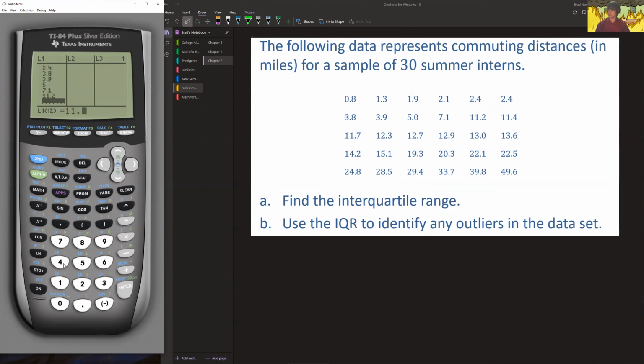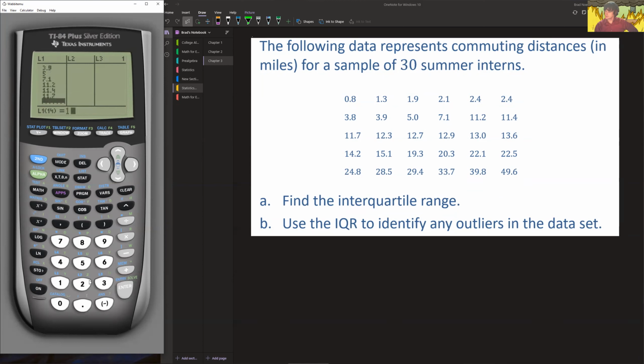I'm sure some people that are watching just cringed a little bit. Oh, let me make sure I haven't skipped any data values here. 0.8, 1.3, 1.9, 2.1, 2.4, 2.4, 3.8, 0.9, 5.0, 7.1, 1.2, 1.4. Okay, good.